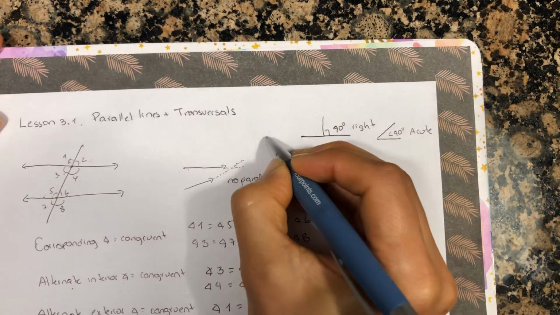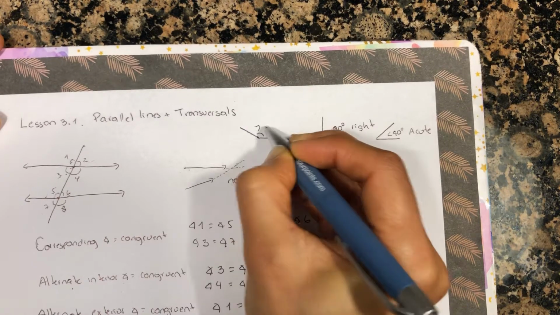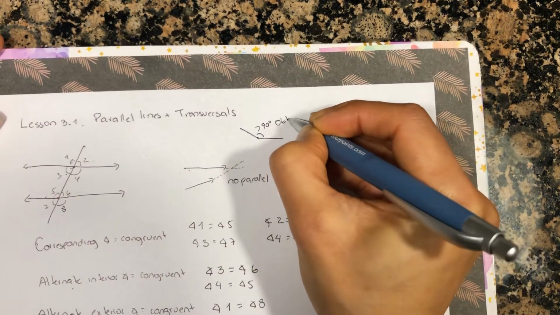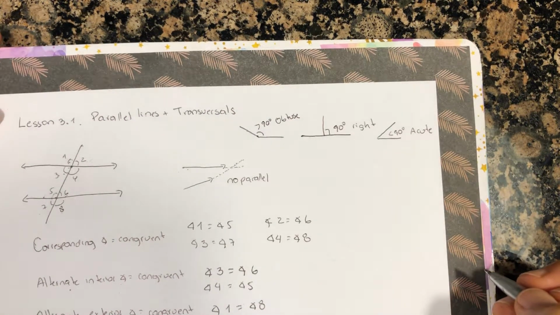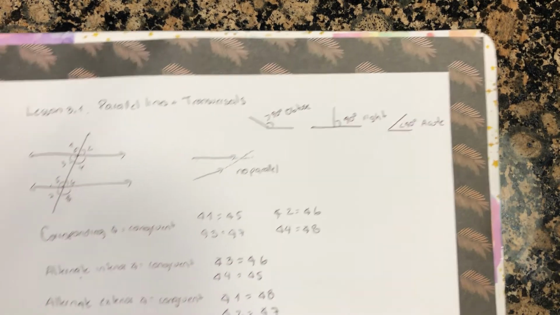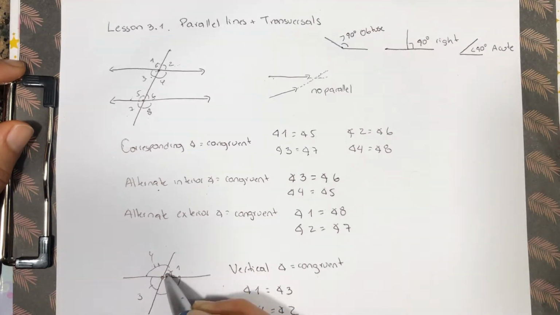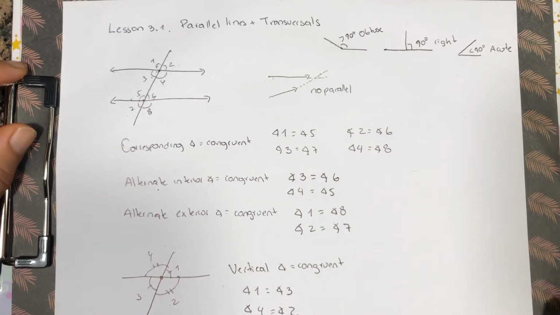And if you have an angle that measures more than 90 degrees, bigger than 90, then you have an obtuse angle. The vertex, remember, is the point where the two rays get together to form an angle. And I think that is it.